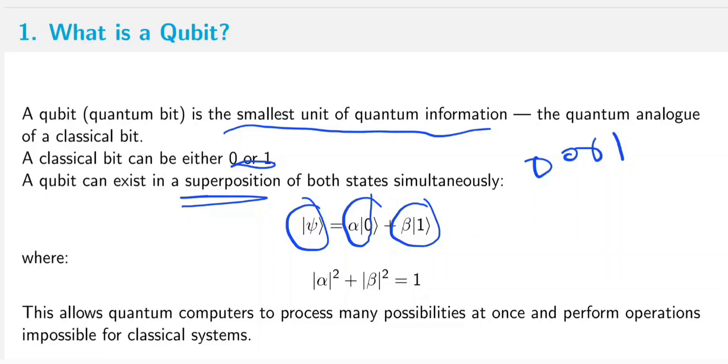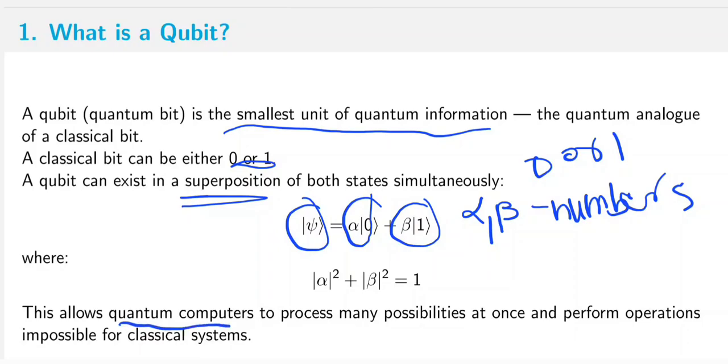Here alpha and beta are just complex numbers, but they decide how 0 and 1 are mixed. This ability to exist in both states is what gives a quantum computer the power to handle many possibilities at once. That is the reason quantum computers are powerful.